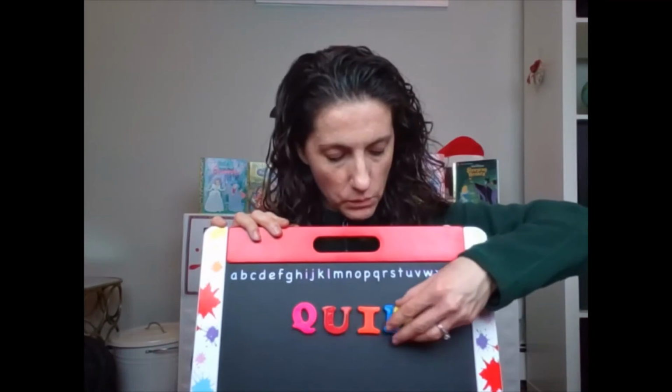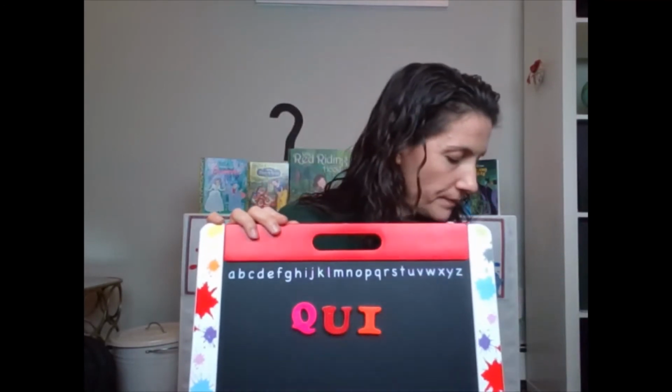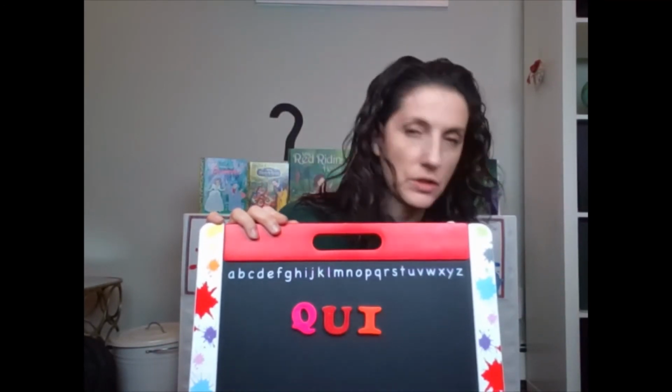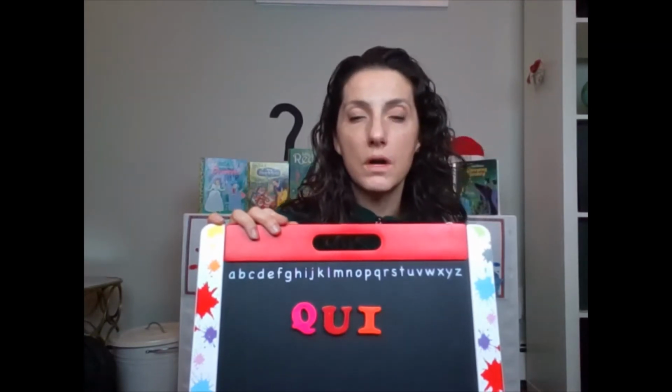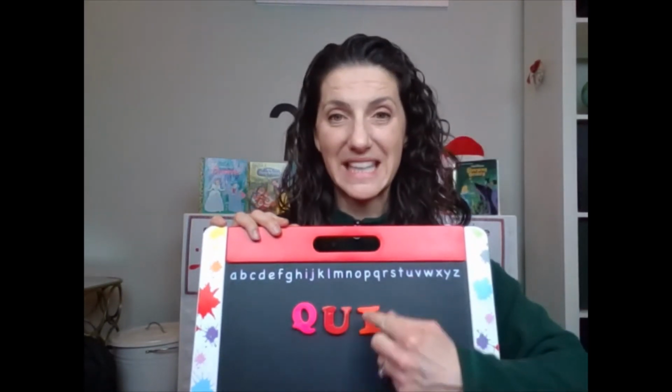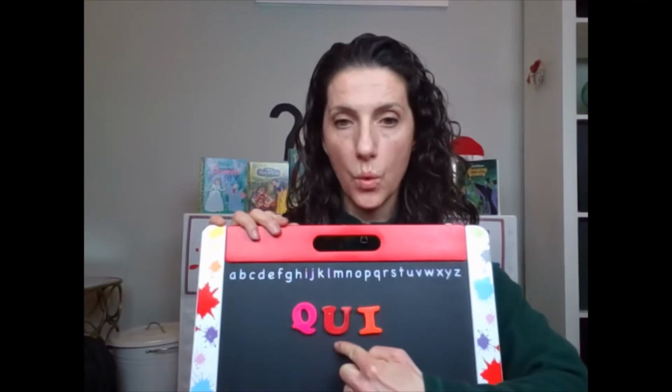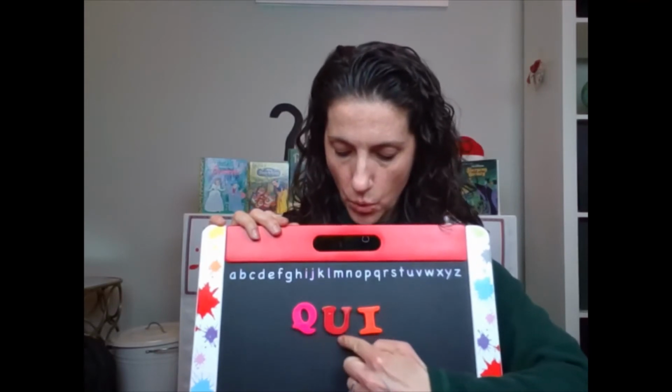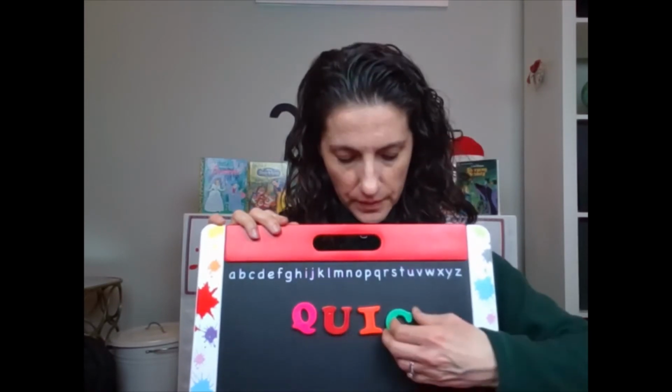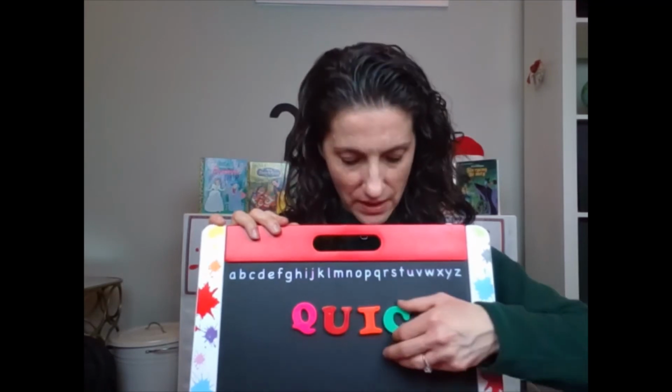Okay, let's do one more Q word. So remember, we have QU is qu, and I sounds like I. So we have qui, qui. And what sound does C make?